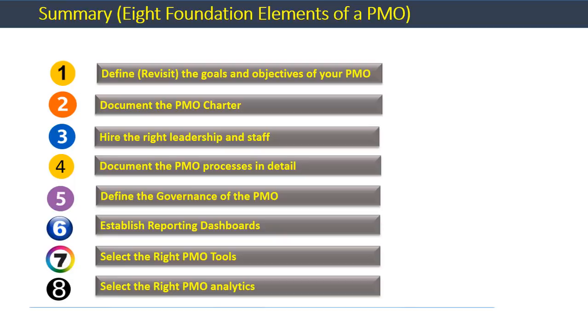Number 5, define the governance of the PMO. Number 6, establish reporting dashboards. Number 7, select the right PMO tools. And finally, number 8, plan to capture the right PMO analytics.